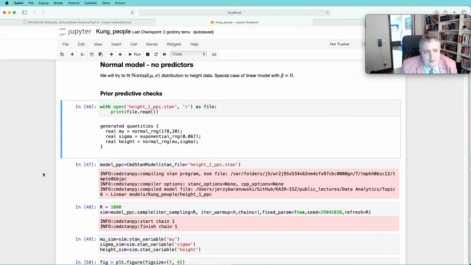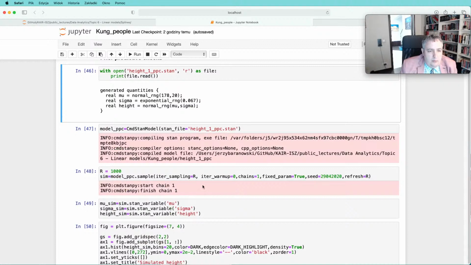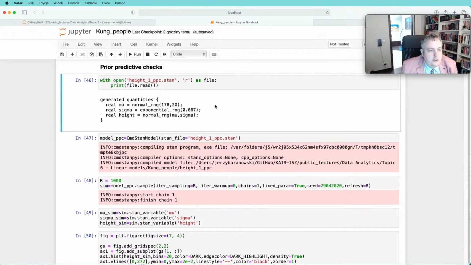But let's continue. What we have here is that we compile our model and we get samples from it. We are getting 1,000 samples from our model without any warm-up. Why? Because it's only a generated quantities model. We have no parameters, so we are not doing actual Monte Carlo sampling.